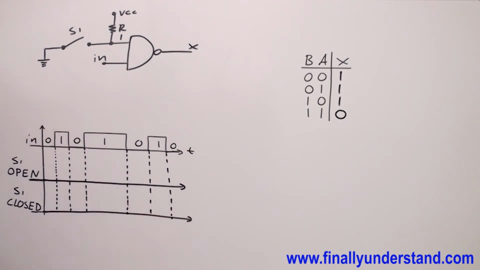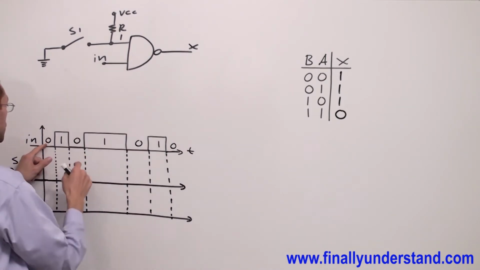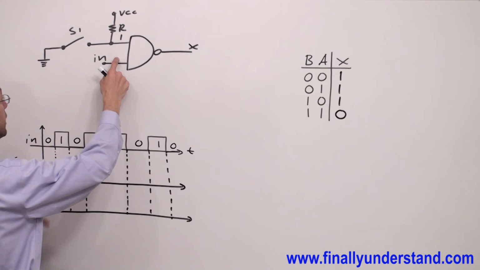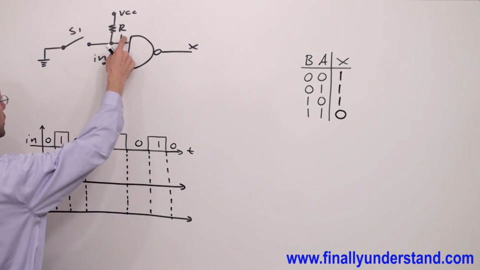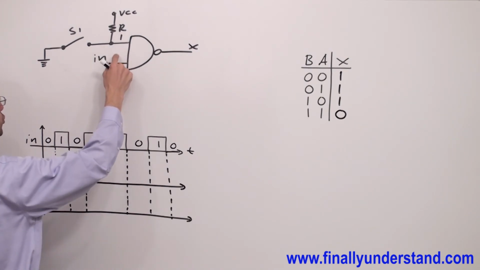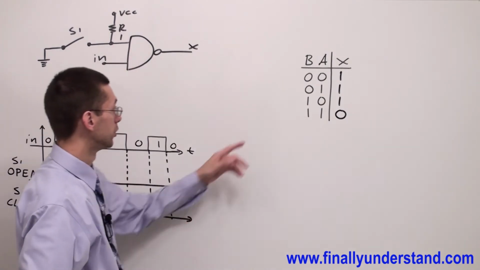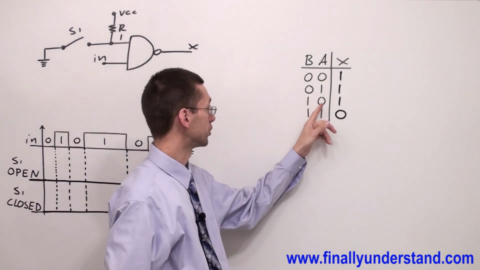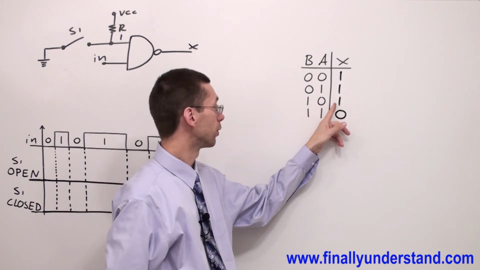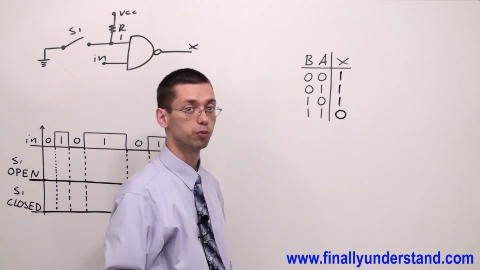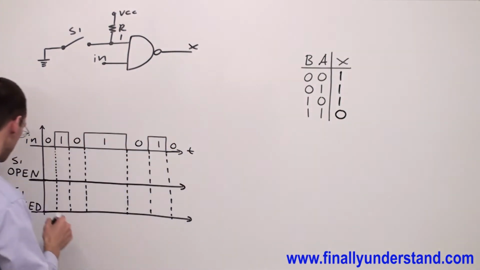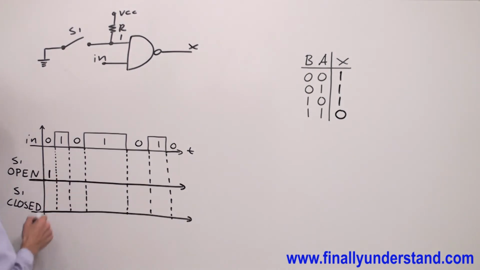Now, if you apply 0 to this input, and I'm going to have always high at the first input, so 0, 1, or 1, 0 is going to give me always 1 at the output. So I have 1 at the output of my NAND gate.